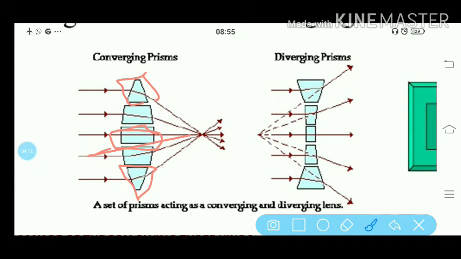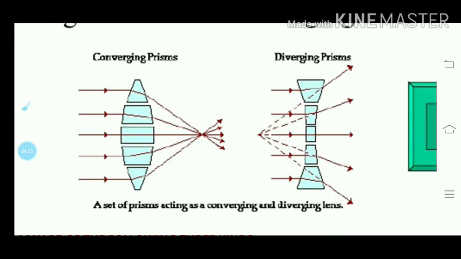So, a convex lens in its upper part has a prism with its base downward, and in its lower part has a prism with its base upward.